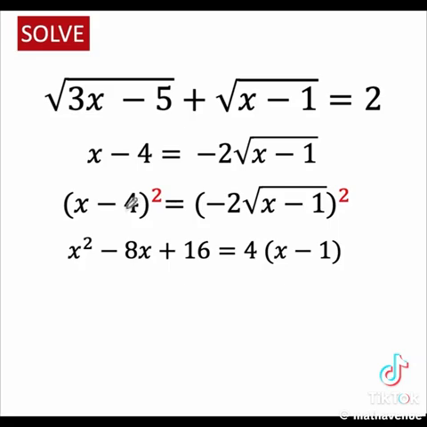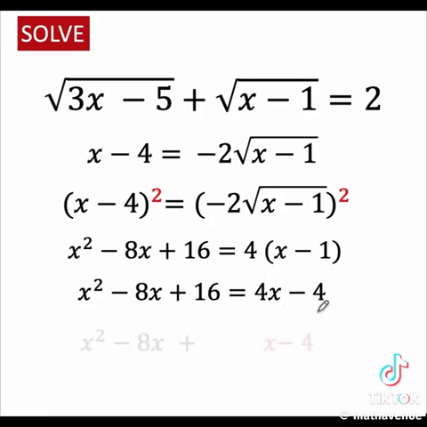To square a binomial, we square the first term, copy the sign, then get twice the product of x and 4, which is 8x, then square 4 to get 16. At the right side, you square each of these factors. So the square of negative 2 is positive 4. The square of the square root of x minus 1 is x minus 1 because we'll cancel out the square root and this exponent 2. Then we distribute 4 to x minus 1 to get 4x minus 4.